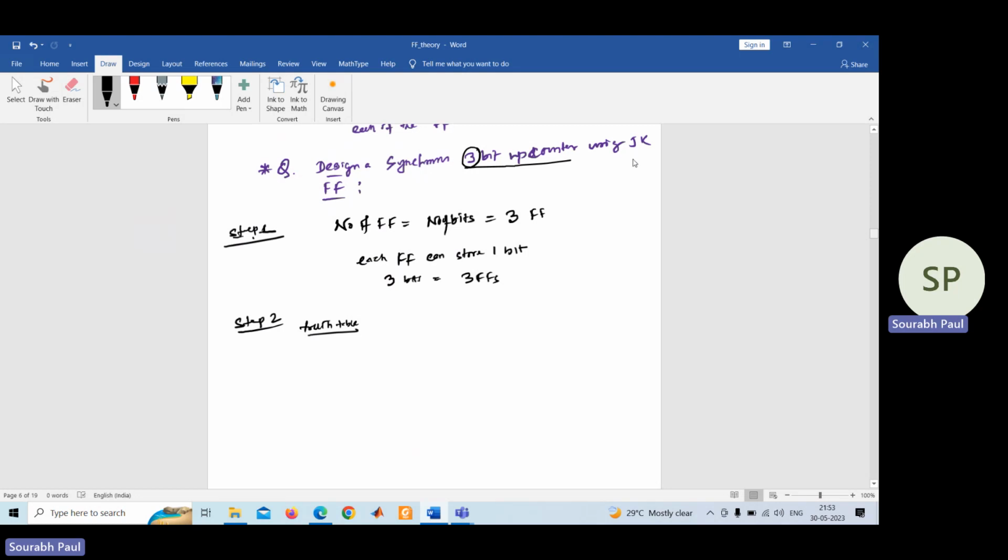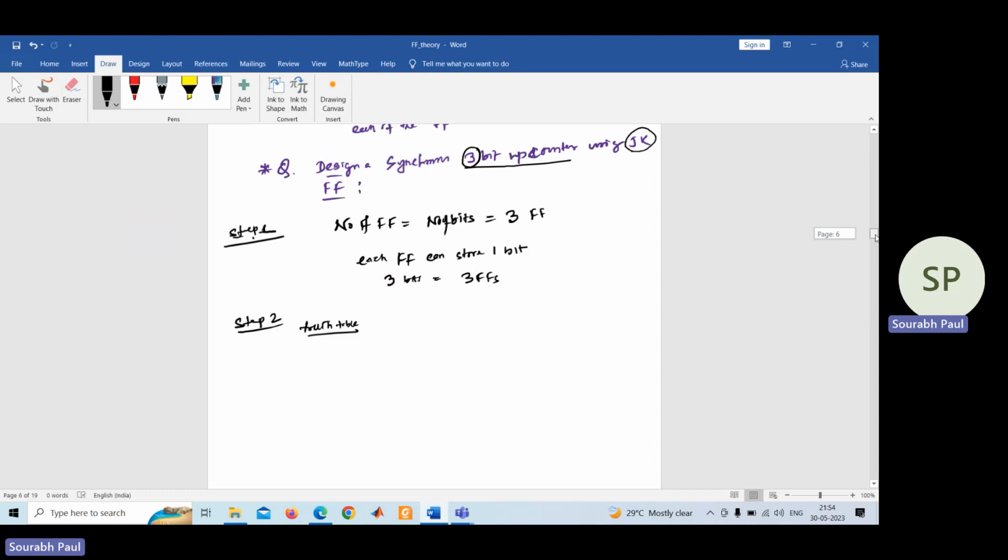For this problem, as the question says you have to use JK flip-flop to implement this counter, you need to determine the values of J and K for all the flip-flops. For each flip-flop, you need to determine the values of J and K. Now, how to make the truth table?